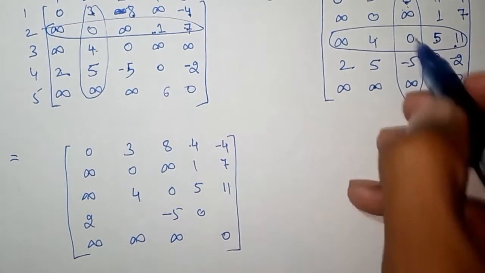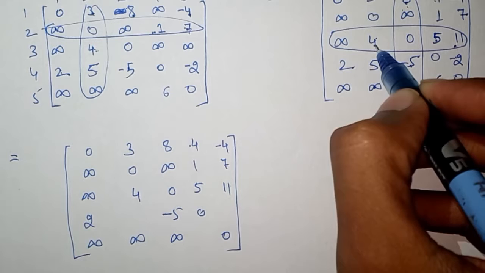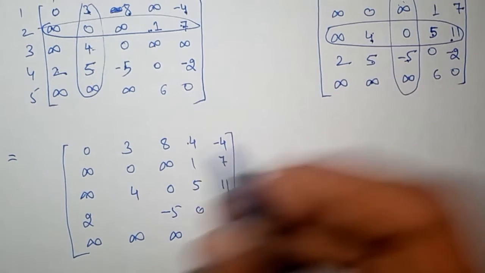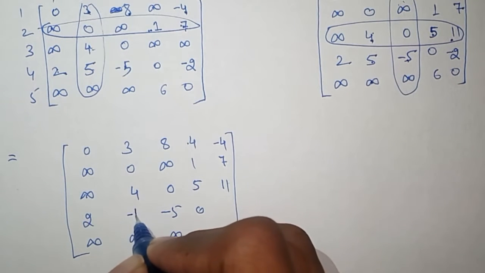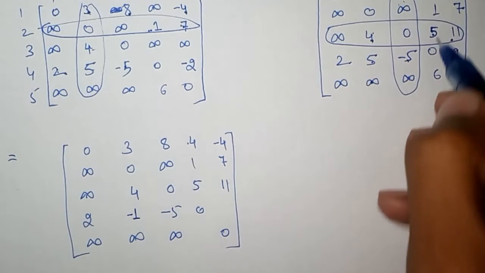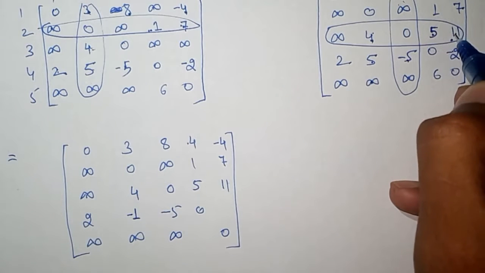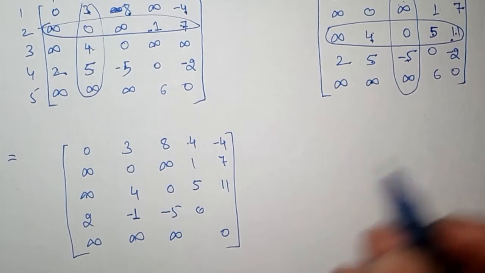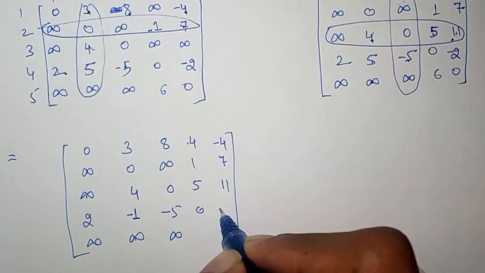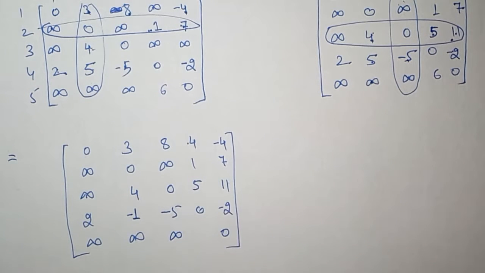For this element, -5 plus 4 is -1, which is less than 5, so there is a change to -1, and -5 plus 11 is +6, which is not less than -2, so there is no change in this element.